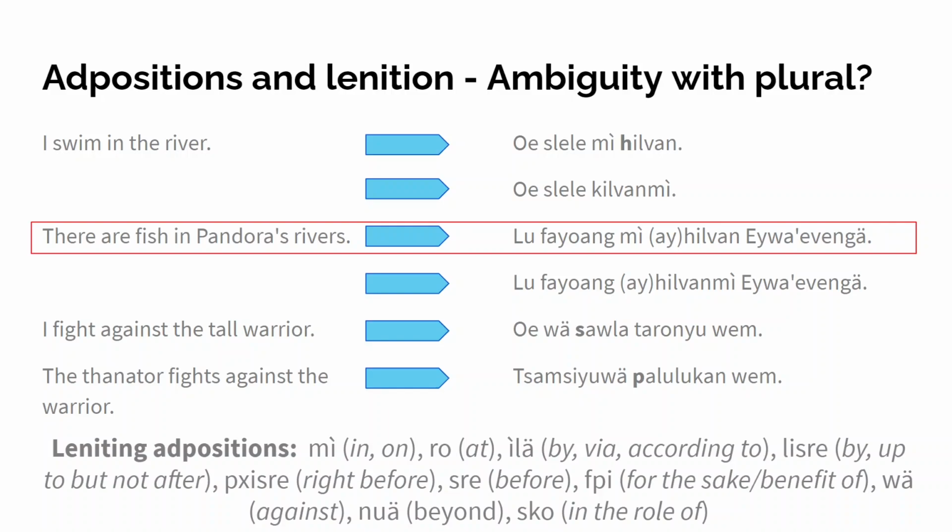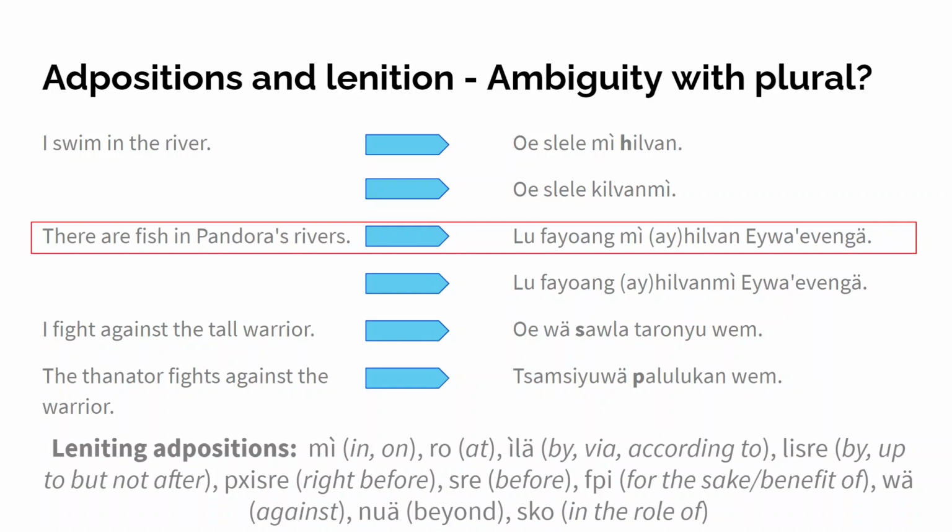And in most cases, it will just be context. Because, for example, there are fish in Pandora's rivers. I mean, Lufayoang me hilvan ewa evenge. Very, very likely, ewa eveng, so Pandora has more than one river. So we can assume that this is the plural, or that the plural is intended here.